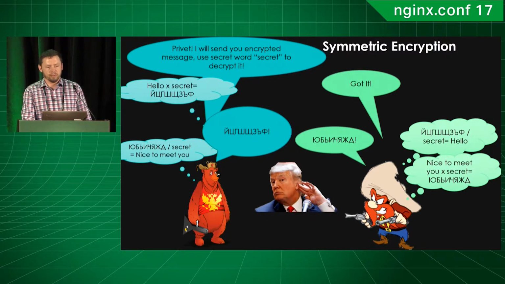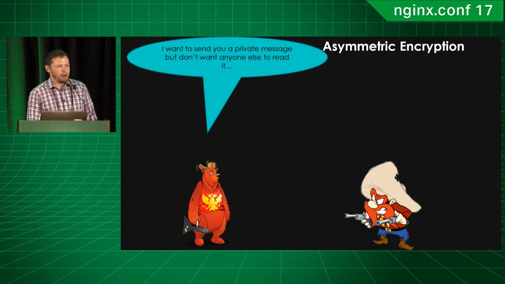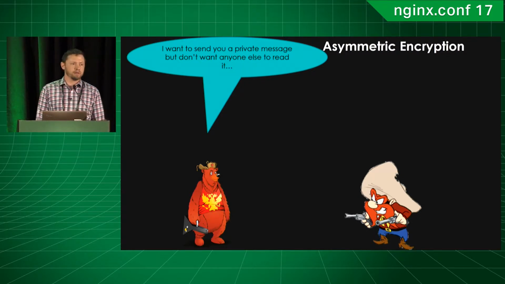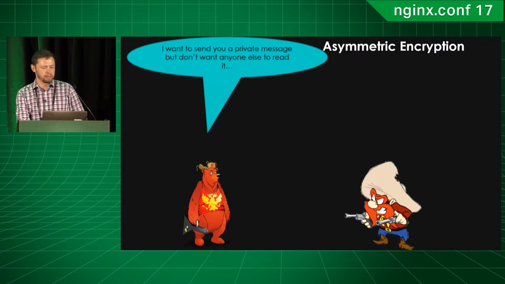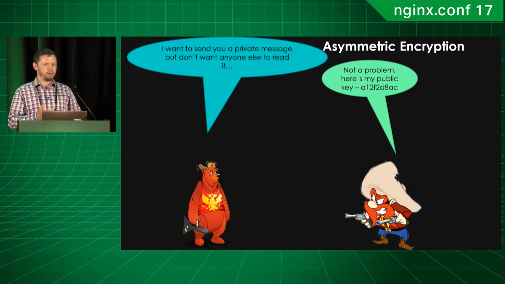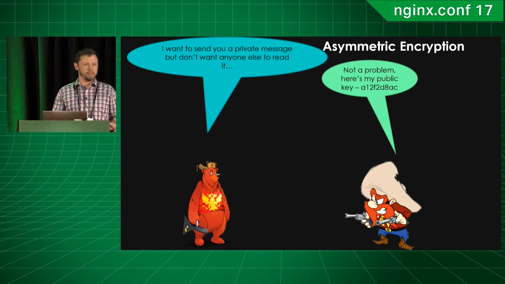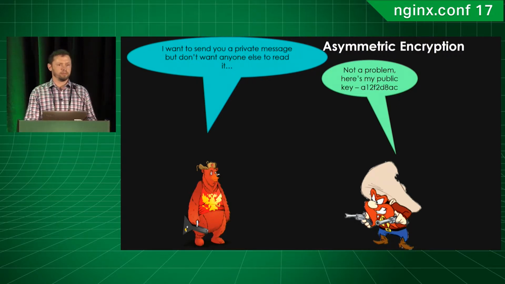So how to beat this? There is asymmetric encryption. So how does it work? Asymmetric encryption starts with the client trying to talk to the server, and the server, during the negotiation or handshake, gives the client the public key that can only be used for encrypting the data, but not for decrypting the data.